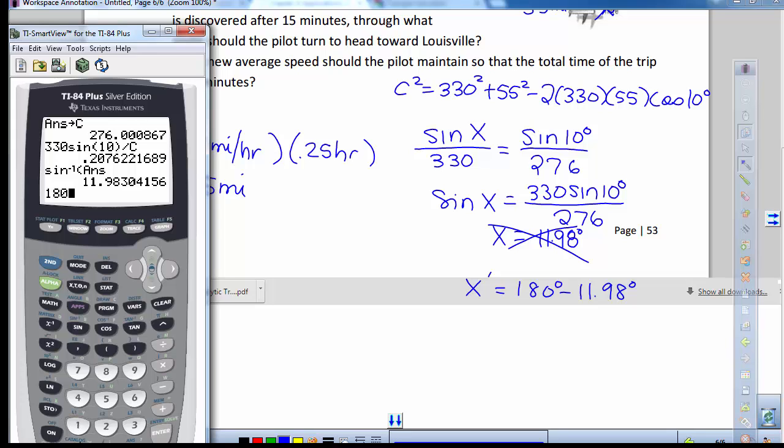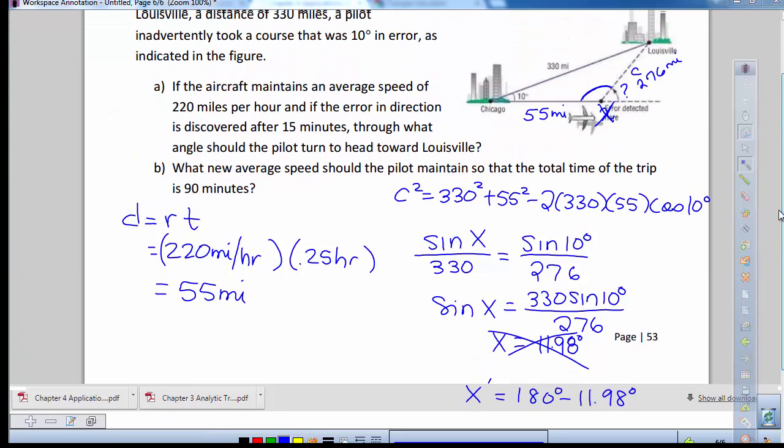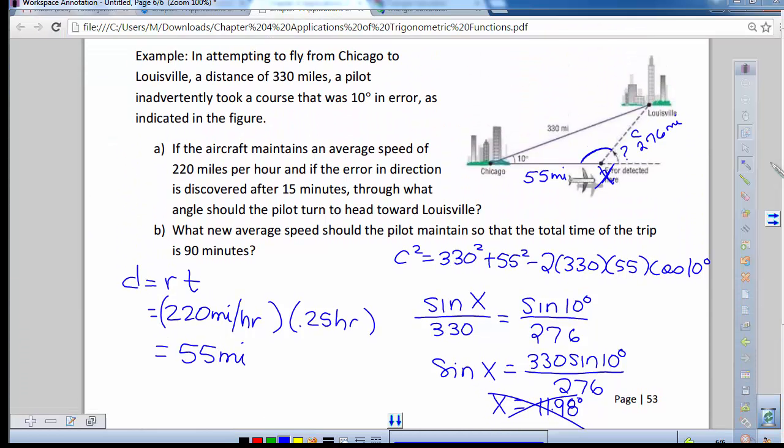However, what we really wanted in this case was the angle that's on the outside. And I'll go back to the picture in just a second. Okay, that inside angle has to be 168 degrees. But like I said, we really wanted to figure out how far the pilot needs to turn to correct the path.